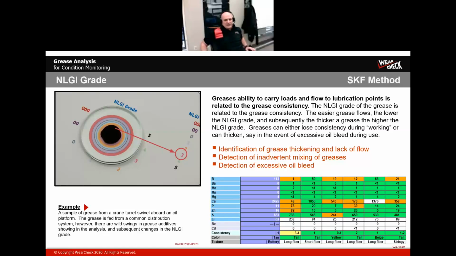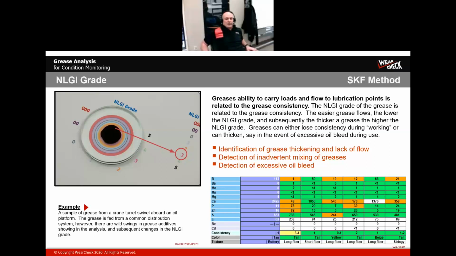So you can see here in the example in the bottom right that we've been trending this grease consistency over a period of many years. And the most recent sample that's on the left side of that spreadsheet is showing an NLGI consistency that's increased by 2.5 NLGI grades, and obviously is indicating some sort of issue.